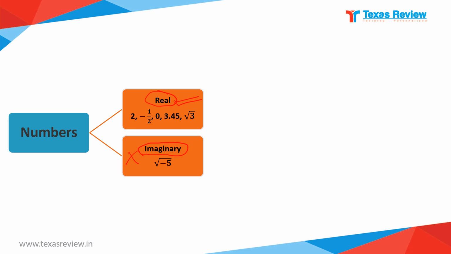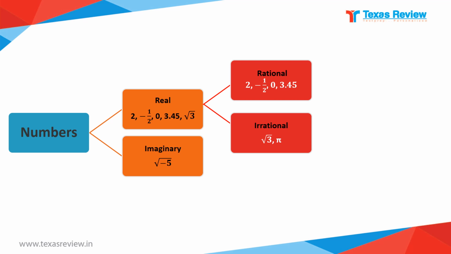Now, let's see how these real numbers are classified. Any number like 2 is a real number, minus 1 by 2 is a real number, a decimal number like 3.45 is a real number. So all those numbers that exist are real. Now, the real numbers are classified into two groups, namely rational and irrational.